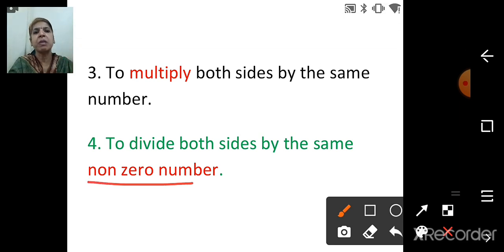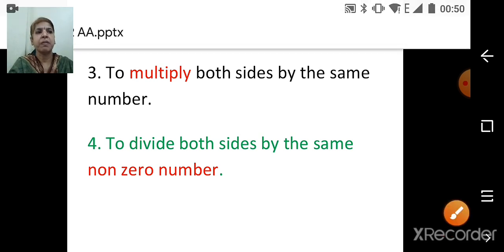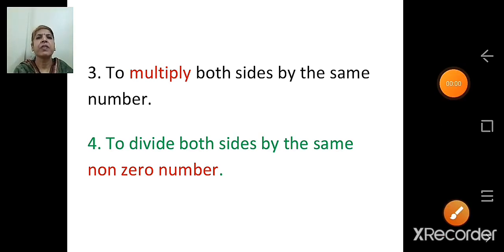So here you have to remember children, during division, we have to divide both sides by the same non-zero number. When we say non-zero number, it means number can be positive, number can be negative, it should not be zero. So we have to keep these points in mind.